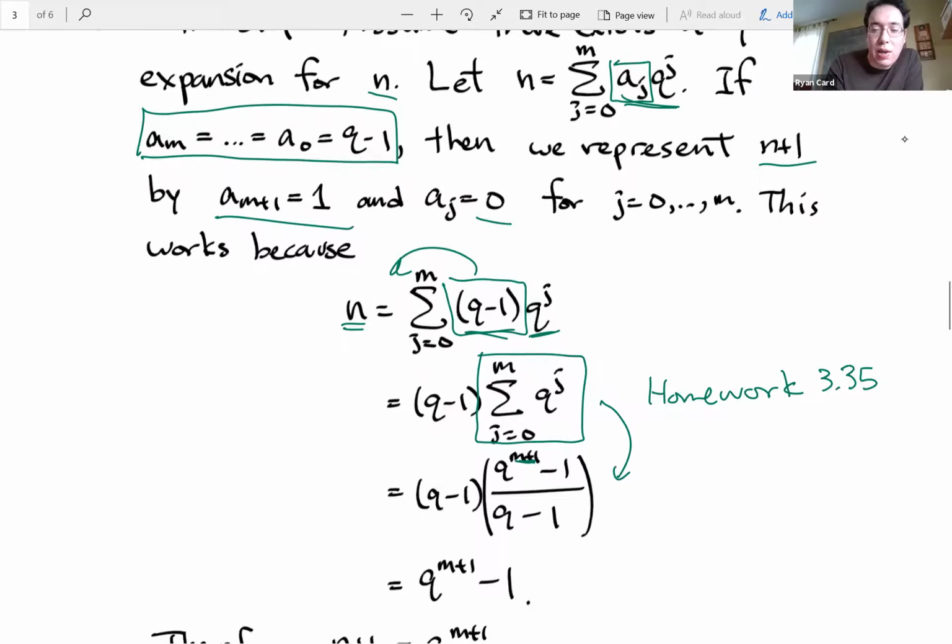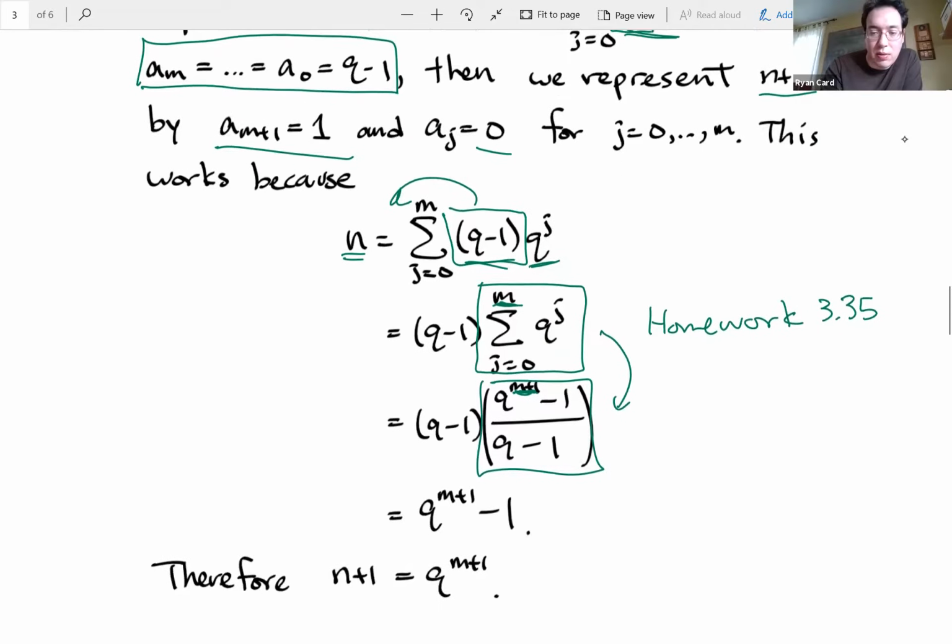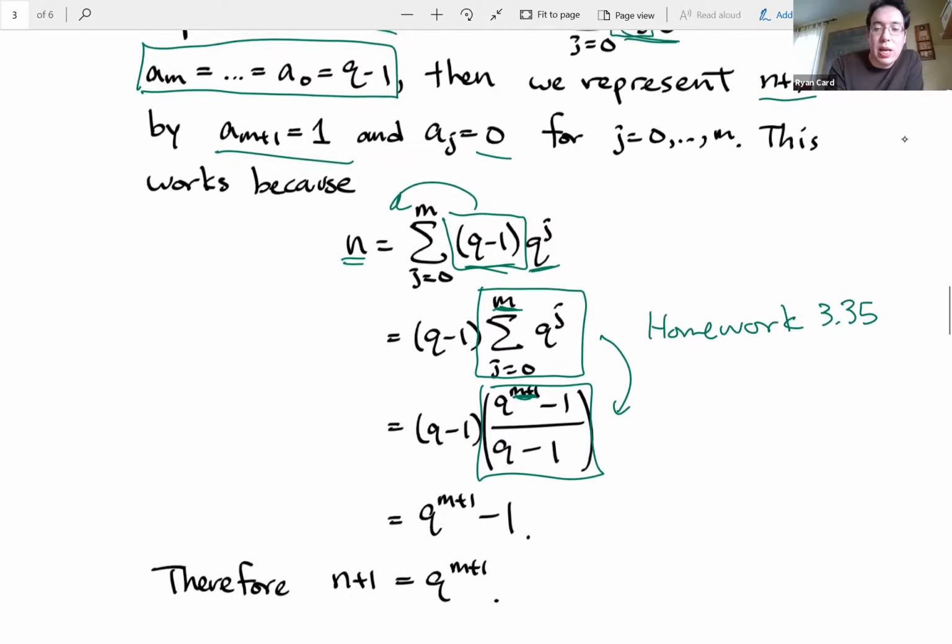But if I replace n minus 1 with m, the power we're going to end up with here is n plus 1. So this is the same thing as this quotient. That was the content of the homework. And you might notice that now the q minus 1 in front and q minus 1 in the denominator will cancel out. And we just get q to the n plus 1 minus 1.